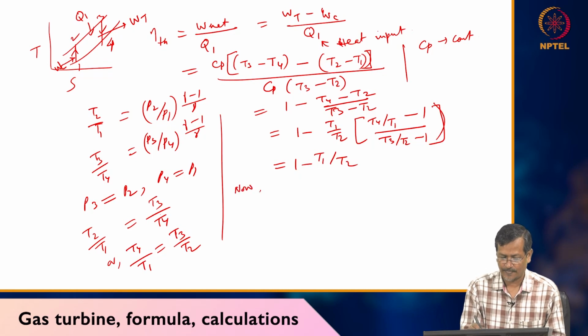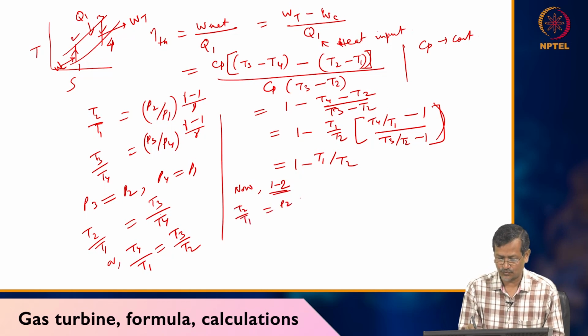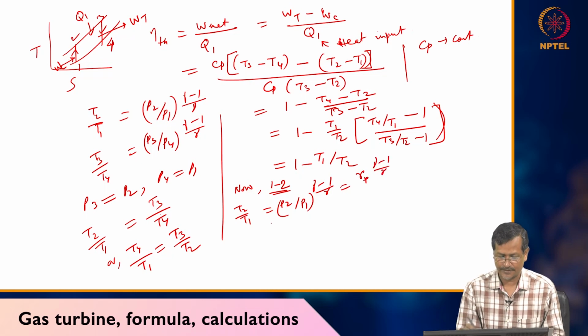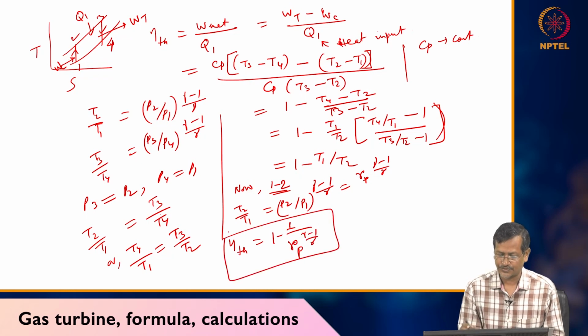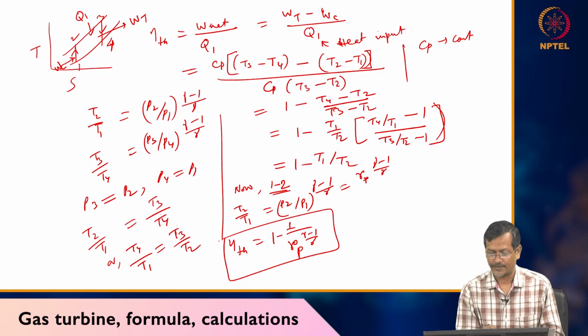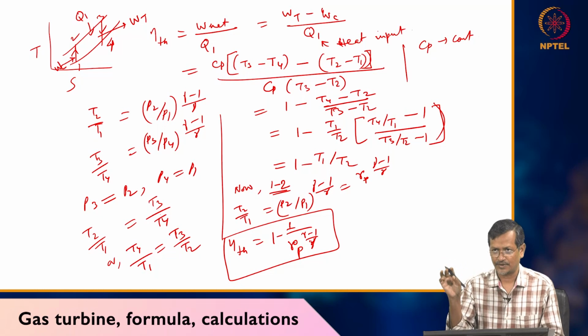Now for process 1 to 2, T2 by T1 equals (P2 by P1) to the power (gamma minus 1) by gamma equals RP, the pressure ratio, to the power (gamma minus 1) by gamma. So thermal efficiency eta equals 1 minus 1 by RP to the power (gamma minus 1) by gamma. This formula you should remember for Brayton cycle thermal efficiency, where RP is the pressure ratio.